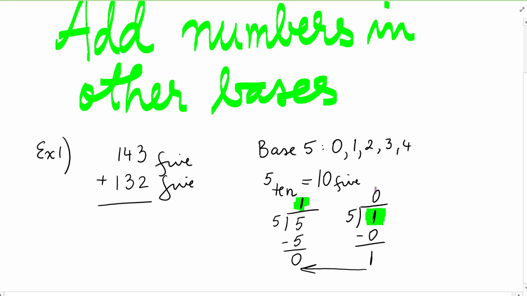Every time we get the quotient to be 0, we stop. So the next thing that we did was to record the remainders from right to left. So 1, 0. So now having this information, let's start our first addition.